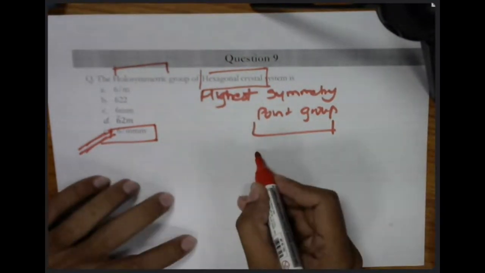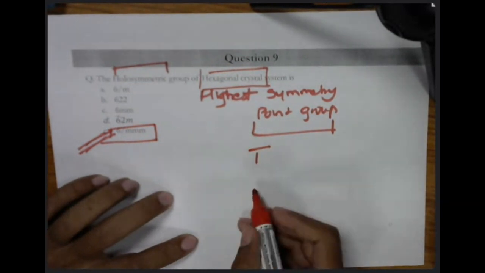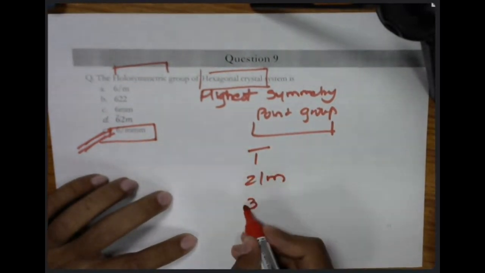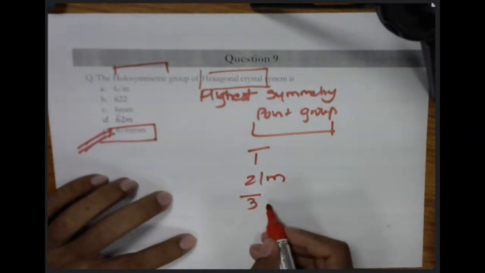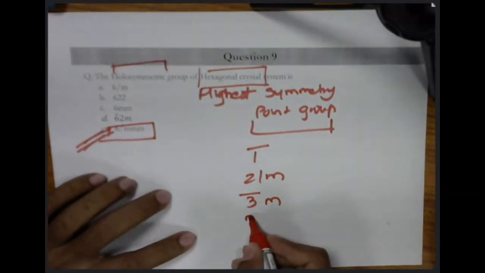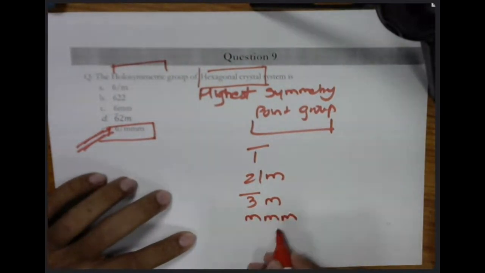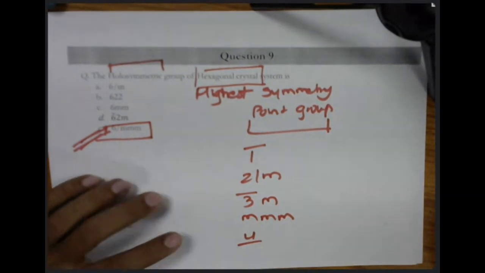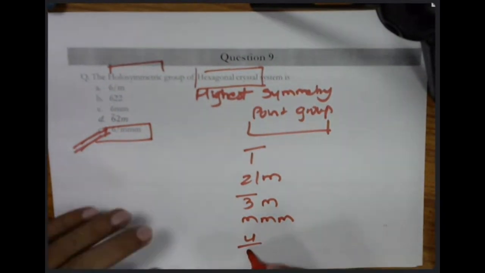For triclinic it is 1, for monoclinic it is 2 over m, for trigonal we have 3 bar m, for orthorhombic we have mmm, and for tetragonal we have 4 over mmm.